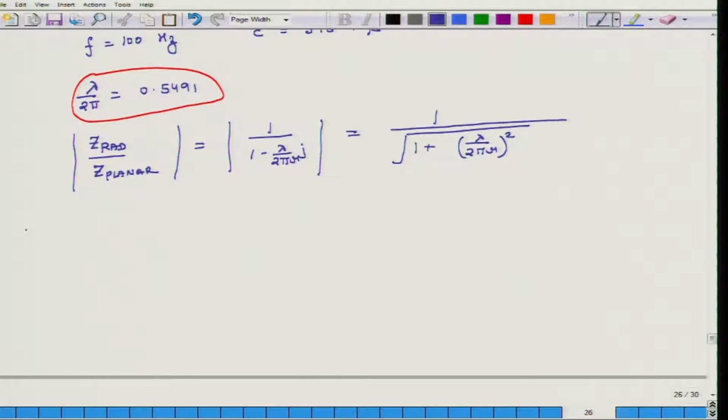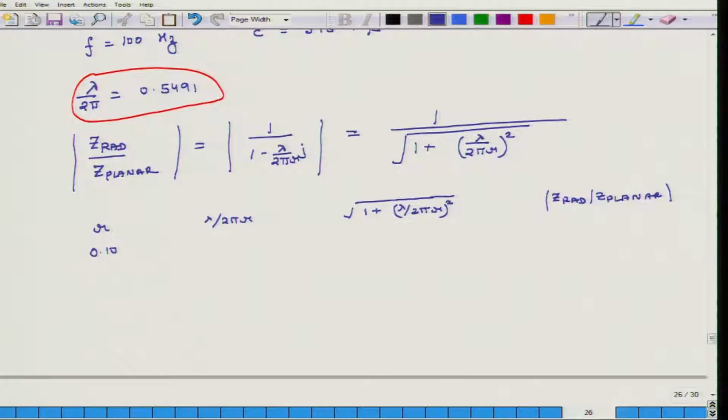So, we will construct a table. If we are at a distance of 10 centimeters away, we will calculate the value of lambda over 2 pi r. Then we will also calculate 1 plus lambda over 2 pi r whole square, and then we will calculate z radial by z planar, its magnitude.